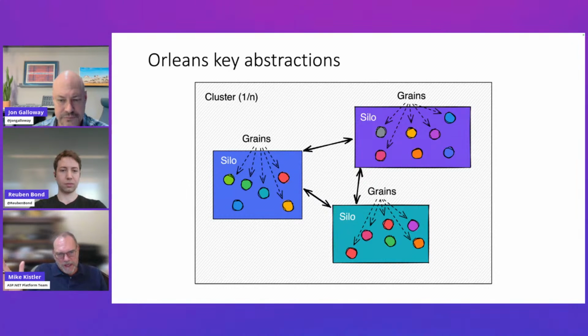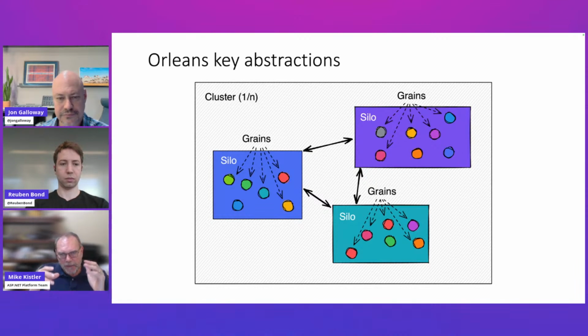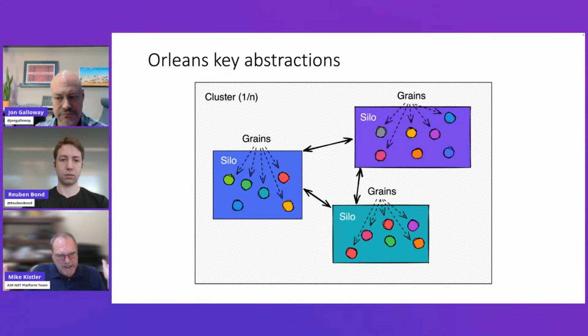So this is the image of what an Orleans system looks like. At the outer layer, there's what we call a cluster. A cluster is a set of instances that are hosting your application. Those instances are something we call silos.